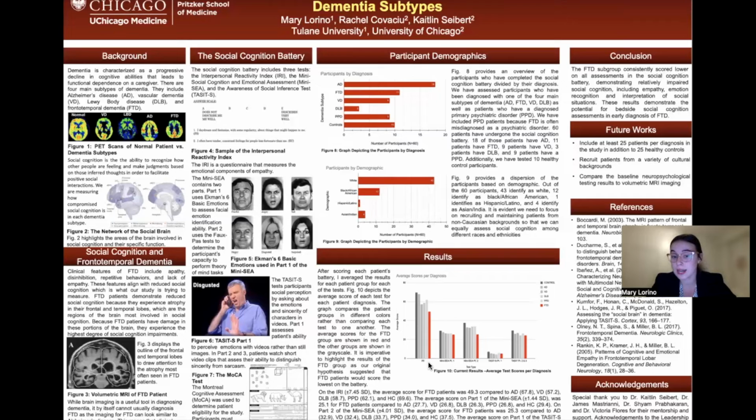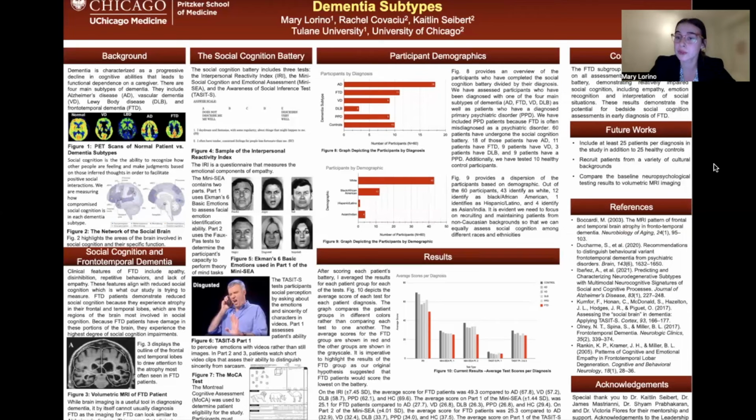So this means that FTD patients do have reduced social cognition, which includes degrees of empathy, emotion recognition, and interpretation of social situations. So these results demonstrate that our social cognition battery has the potential to serve as a diagnostic tool, and these results demonstrate the potential for bedside social cognition assessments for early diagnosis of FTD.